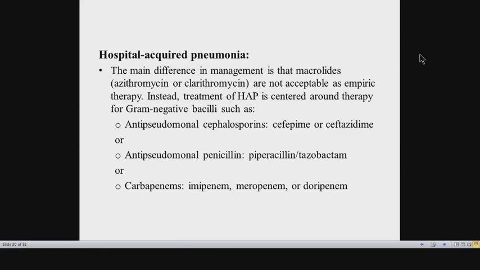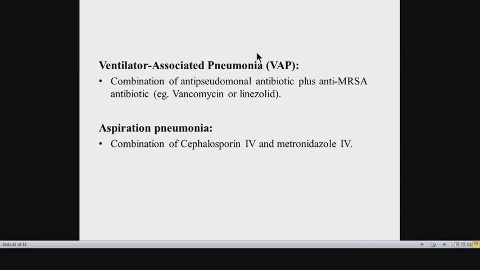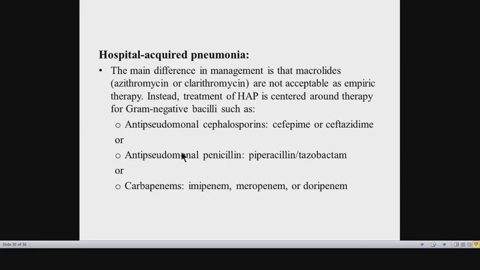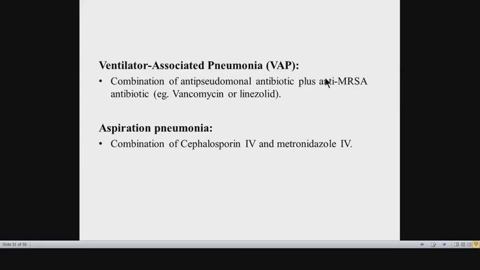We should cover gram-negative bacteria, including Pseudomonas, and we should cover methicillin-resistant Staph aureus. So you will give a combination of an anti-Pseudomonal antibiotic, which can be a beta-lactam or a non-beta-lactam anti-Pseudomonal antibiotic. We can use each one of these three groups of antibiotics that we discussed here, combined with an anti-MRSA antibiotic like vancomycin or linezolid.